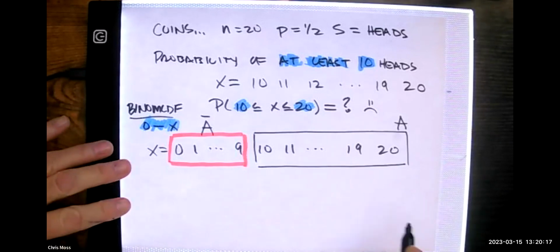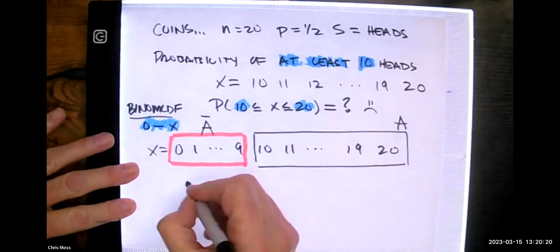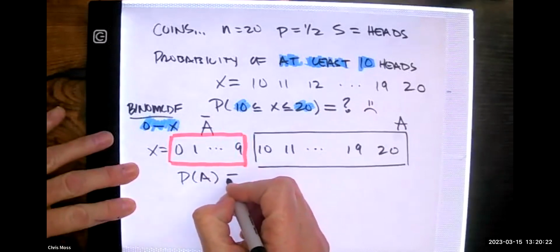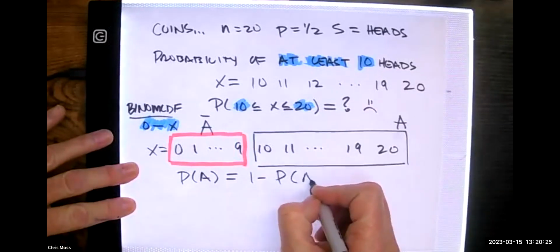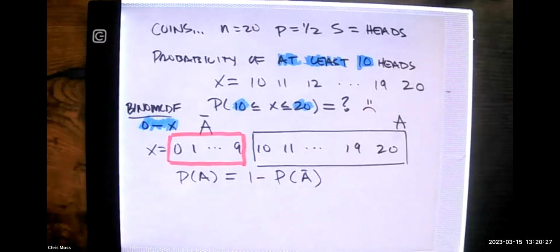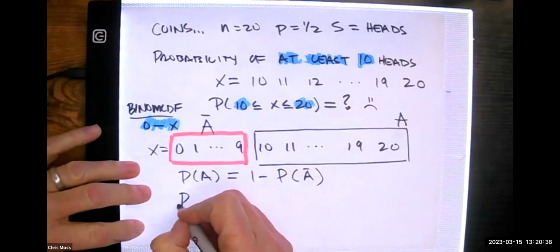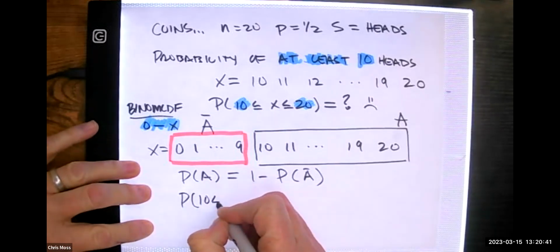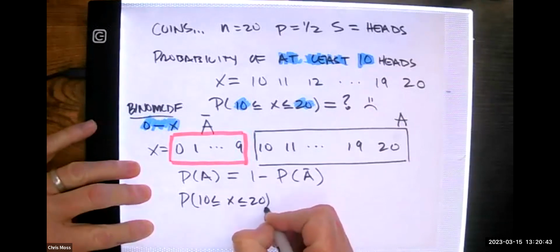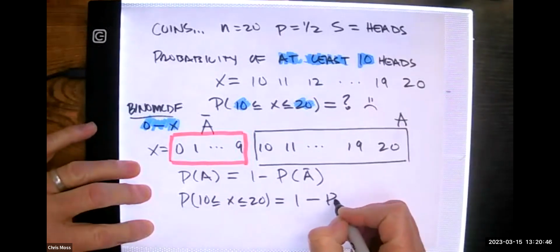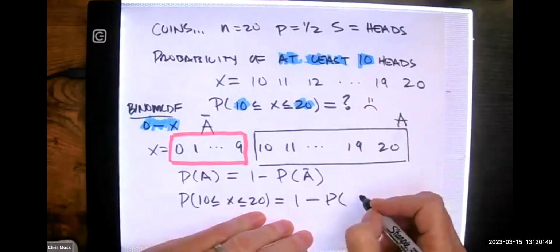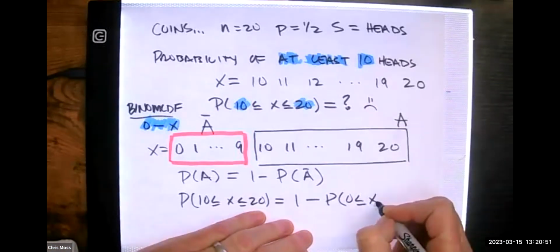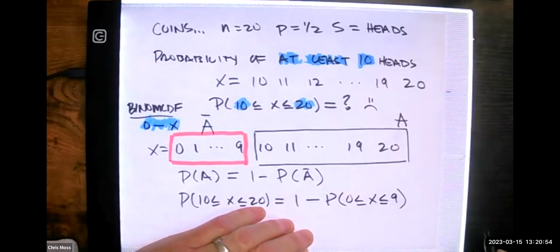And what I need to use is that the probability of A is equal to 1 minus the probability of the complement of A, A bar. We introduced this in chapter 4 because we need it here. So the probability of getting 10 or more heads out of the 20 flips is 1 minus the probability of getting somewhere between 0 and 9 heads.